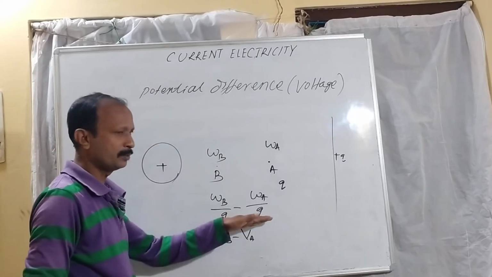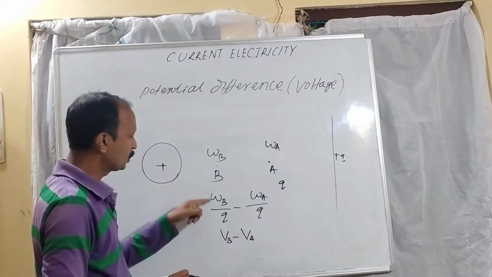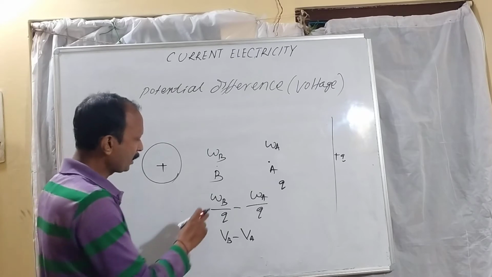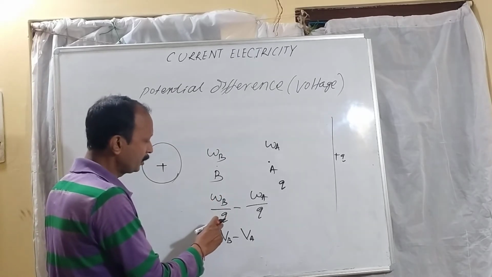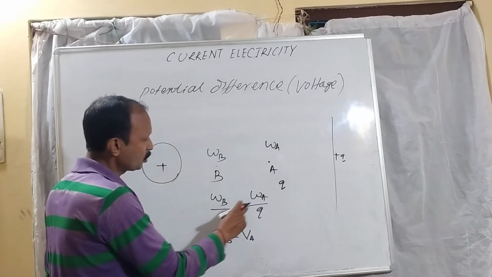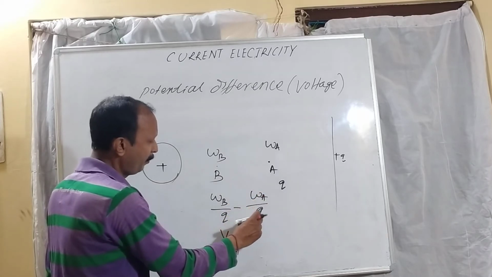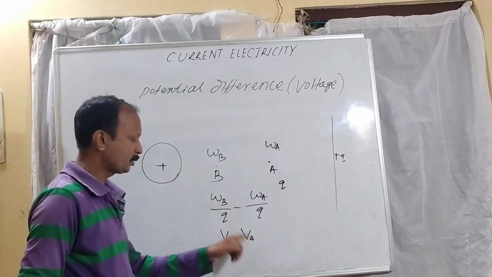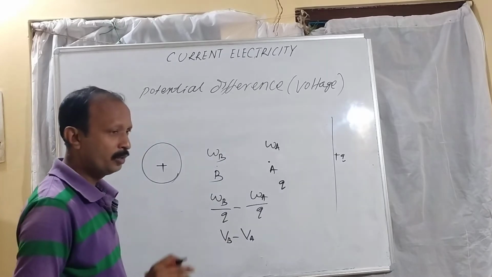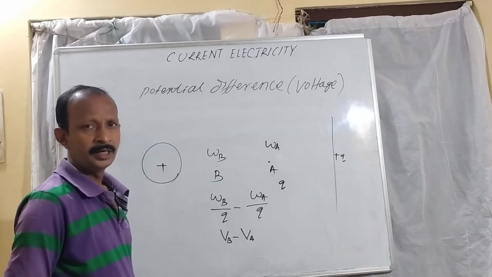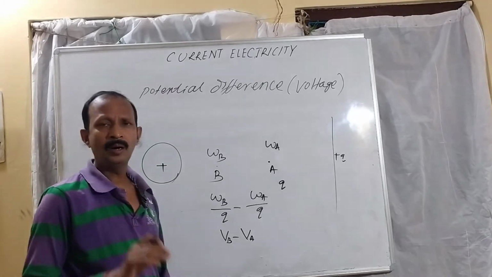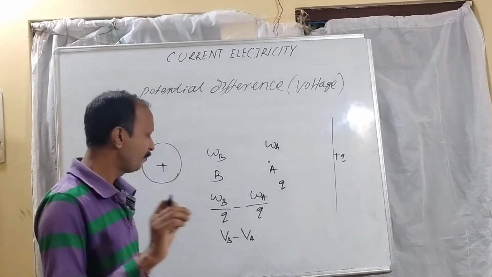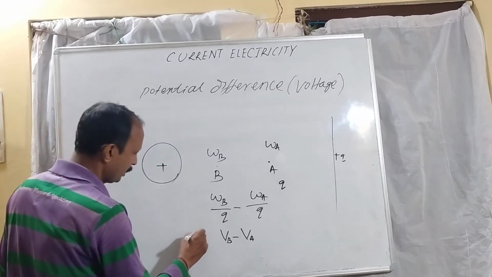That means the denominator, the amount of charge, is the same. So the work done at point B upon Q minus the work done at point A upon Q, that means the potential at point B minus the potential at point A, we say is the difference in potential, or the potential difference.